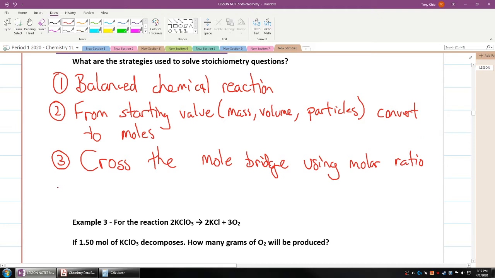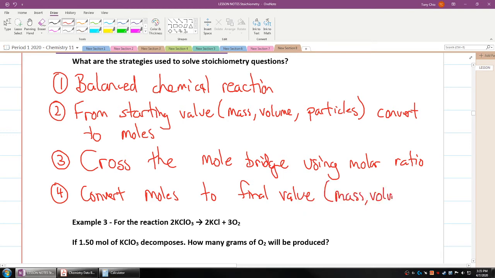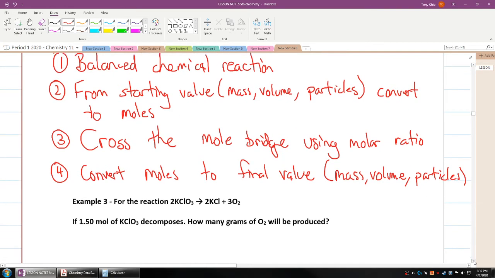And your last step now is to convert your moles to the final value, which can be, for example, your mass again, your volume, or your particles. Okay, so these are the 4 steps you have to use to help you solve stoichiometry calculations. So let's apply these 4 steps in our calculations.